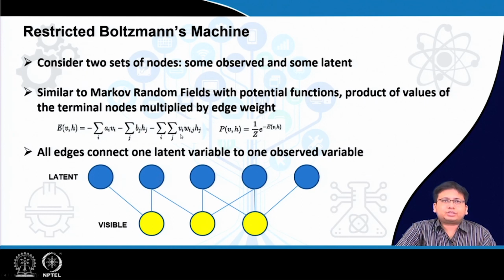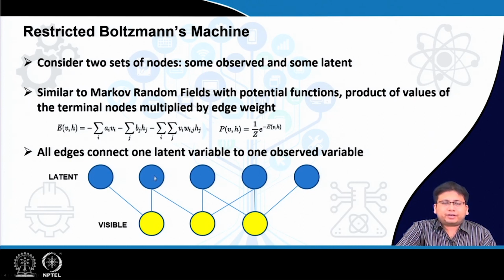So, when we are considering the edge between the ith visible variable and the jth hidden variable, let us say their values are Vi and Hj. Of course, Vi is a value which I know and Hj is a value which I do not know. It has to be estimated. And let us also say that the weight of that particular edge is Wij.